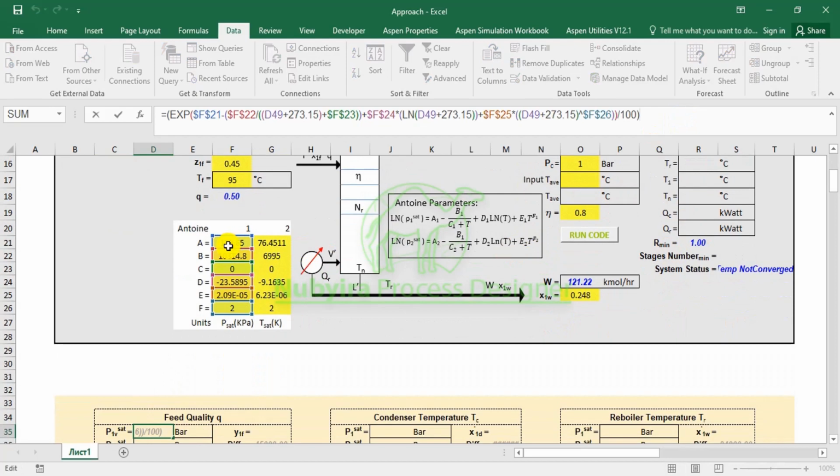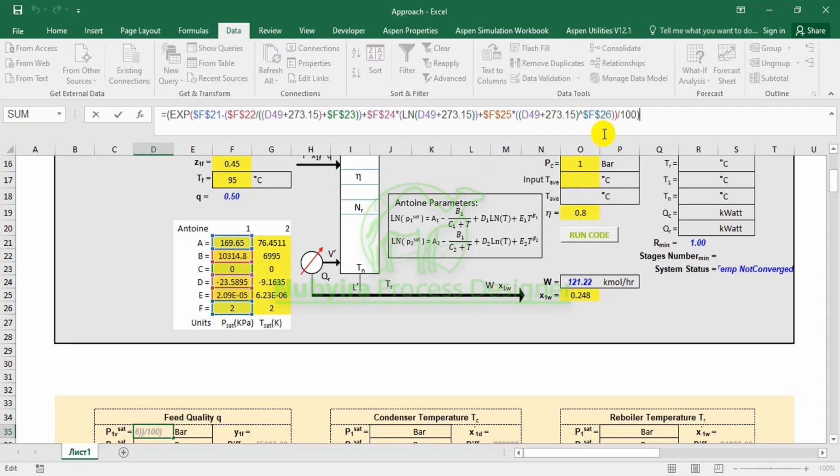You can see all the Antoine parameters have been highlighted. So you have to find the exponent of both sides to make P1 sat the subject of the formula. You're looking for P1 sat, and the 100 that is there is just to convert from kilopascal to bar, because I'm doing my calculation in bar.